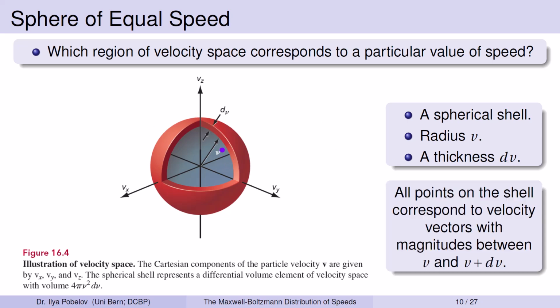All points on the shell correspond to velocity vectors with magnitudes between v and v plus dv. In other words, they all have the same magnitude v, but their directions are different.